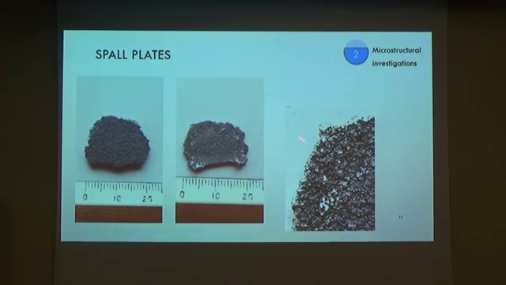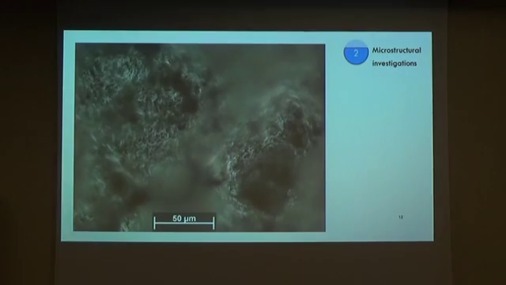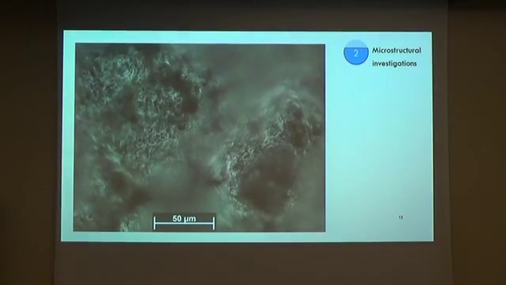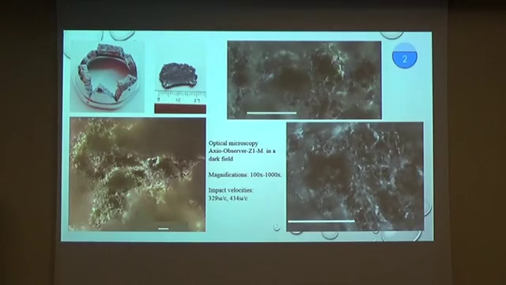Then we can see fracture elements with sizes of some hundreds of micrometers, and further on the top of these elements we can see elements with sizes of some tens of micrometers.